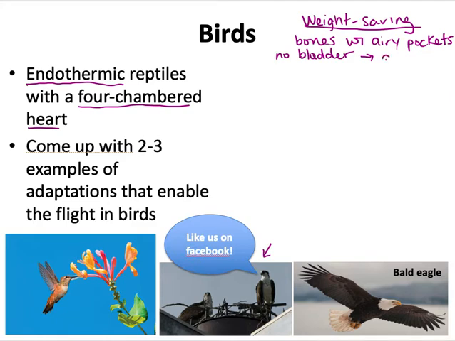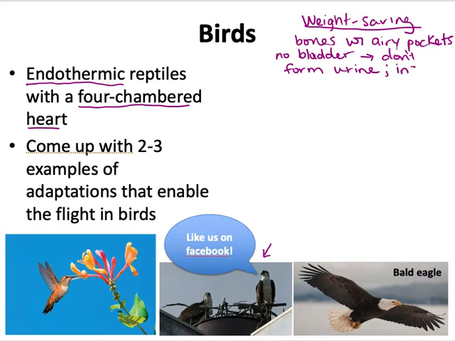And so they also don't form urine. They form something else called uric acid, which is a paste. So urine holds a lot of water. Urea is water soluble, and urine is how urea is stored in water in the bladder and is formed by the kidneys.